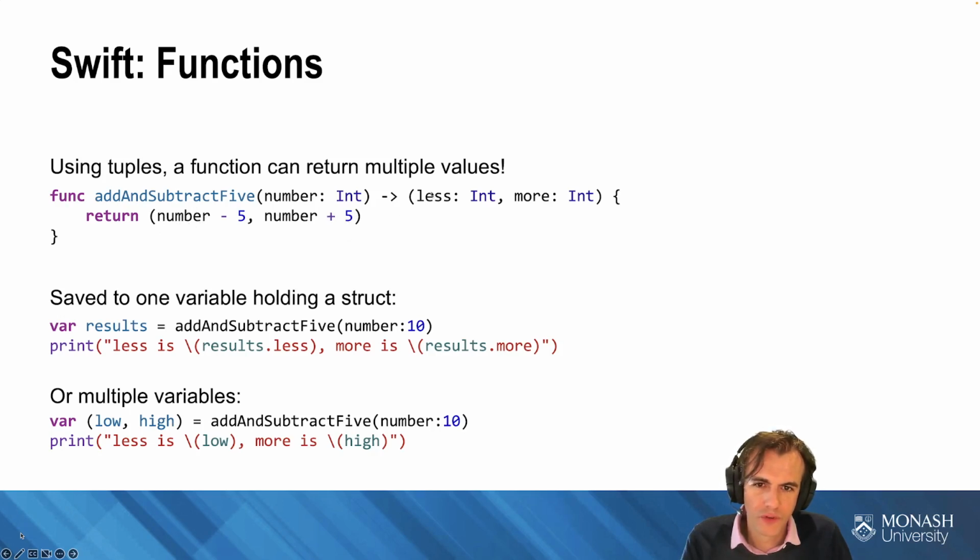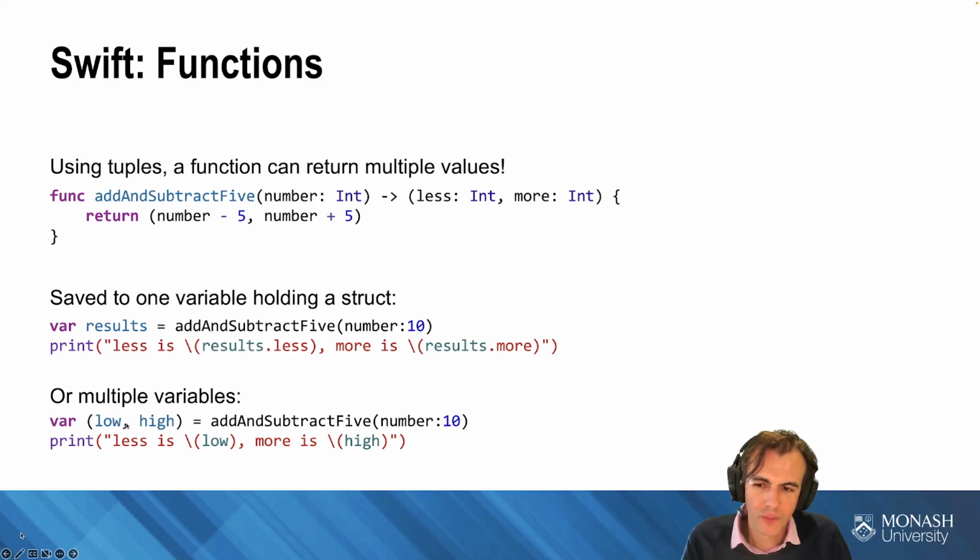Then when we want to use these individual values that are returned, we could create a variable results, which is that tuple that's returned, and it has a less property and a more property. Alternatively, instead of having a variable that holds this tuple, you can have the individual values out of it.